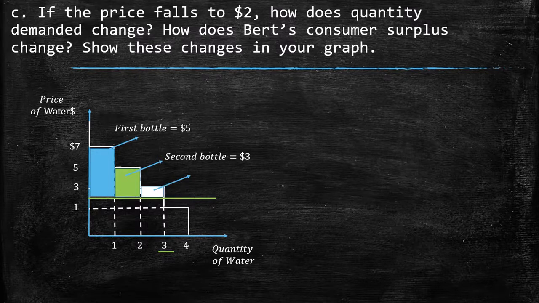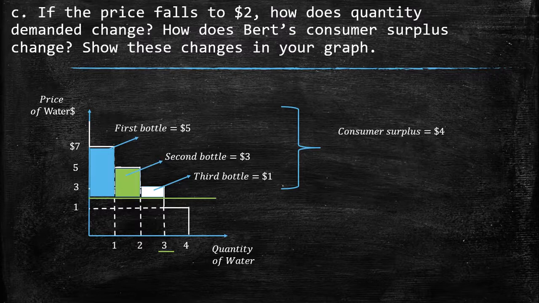And the last bottle, the third one, Bert will pay even $3, but instead of paying $3, Bert will pay $2, so it's a consumer surplus of 1. So when we add up all these quantities, the consumer surplus is not 4, this is wrong. It's 5 plus 3 plus 1, which is 9.